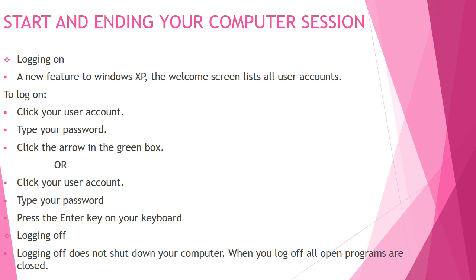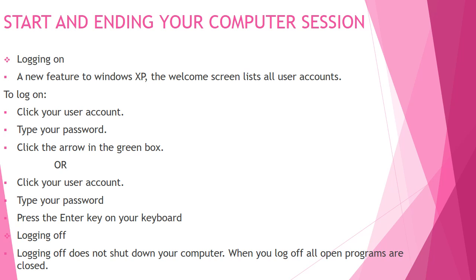Your password might be in any format. It is the security code that you have to input so that individuals will not be able to have access to it. Then click the arrow in the green box so that you'll be able to proceed to the next stage.